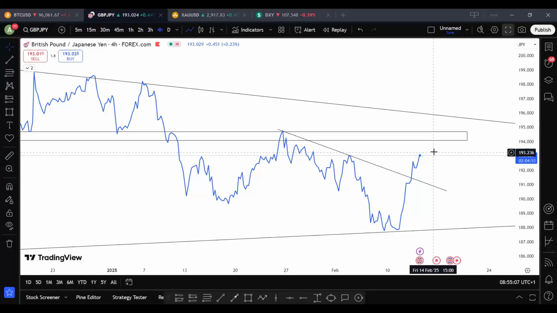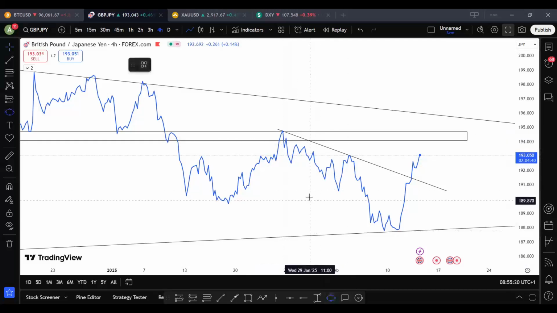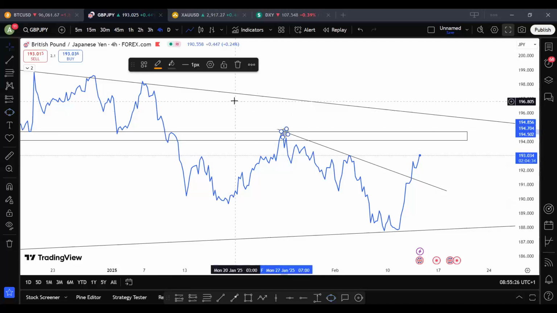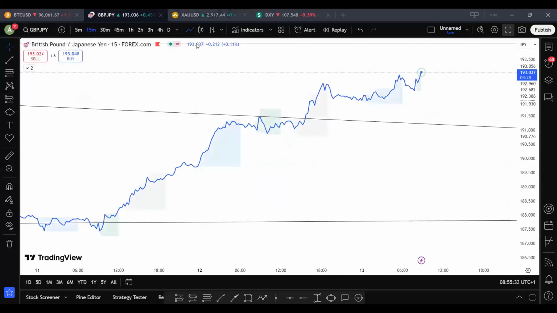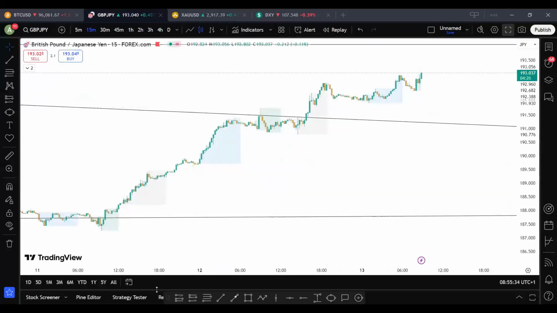Okay, let's see. Market breaks this low, market breaks this zone, and then the traces. Let's see if we spot any candlestick here. I use 15 minutes like I told you. So let's see if we spot anything there.